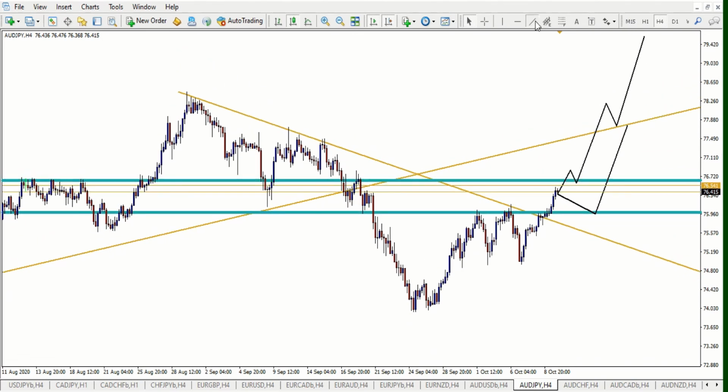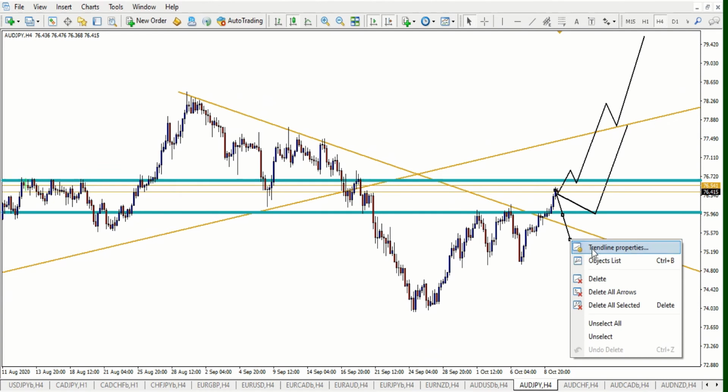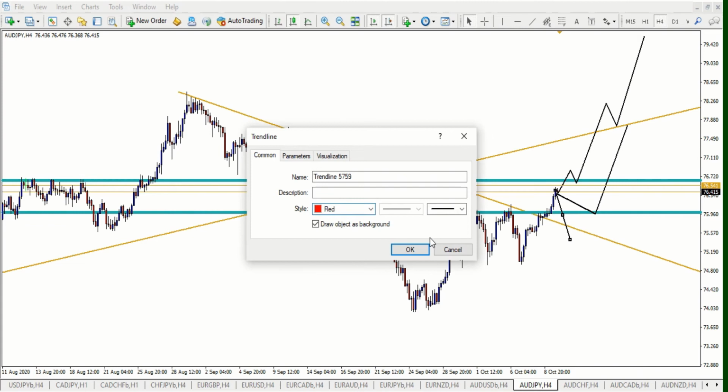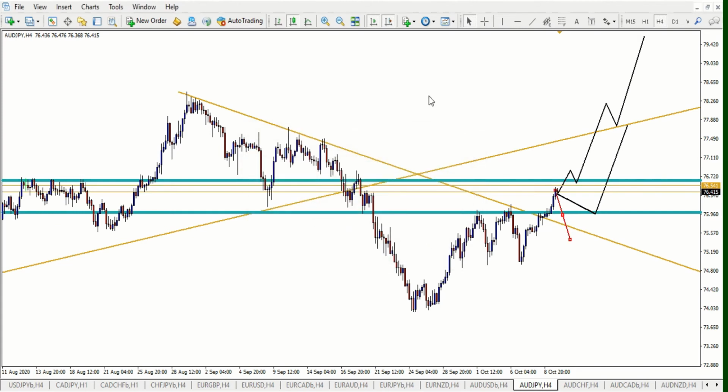However, an invalidation of this would be if the market makes its way back down, right? Makes its way back down, and then comes back up to retest that support zone, that resistance zone, now new resistance, and make its way back down.